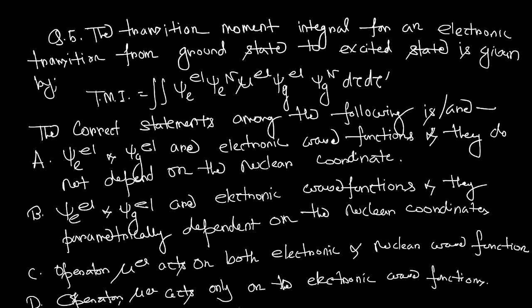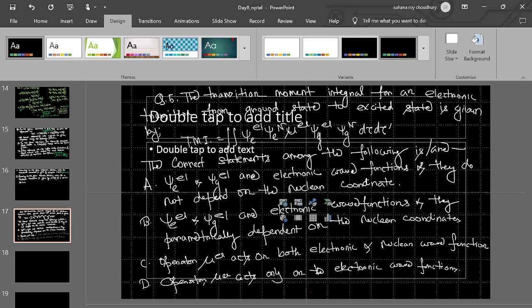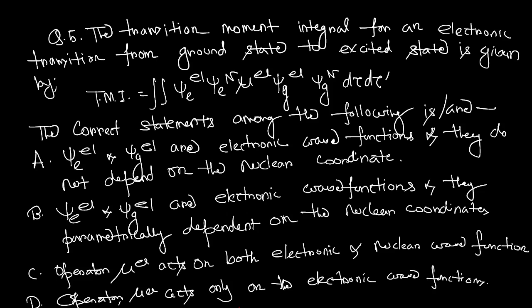Therefore, the electronic wave function is always parametrically dependent on the nuclear coordinate. So the first option is incorrect, whereas the second option is correct.